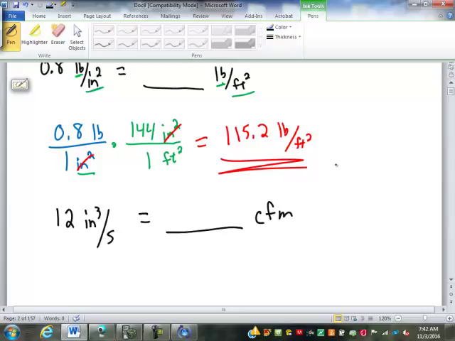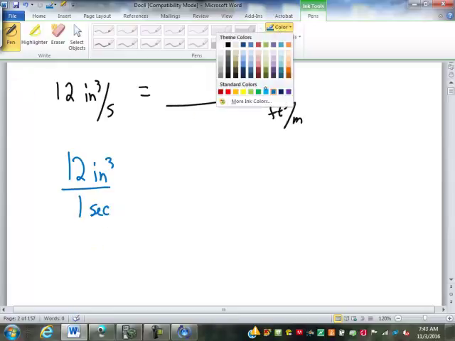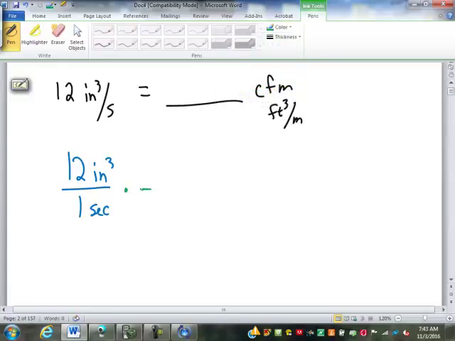What's CFM stand for? Yes, that is cubic feet per minute. So I start out 12 cubic inches over 1 second. I do have to change both units this time.